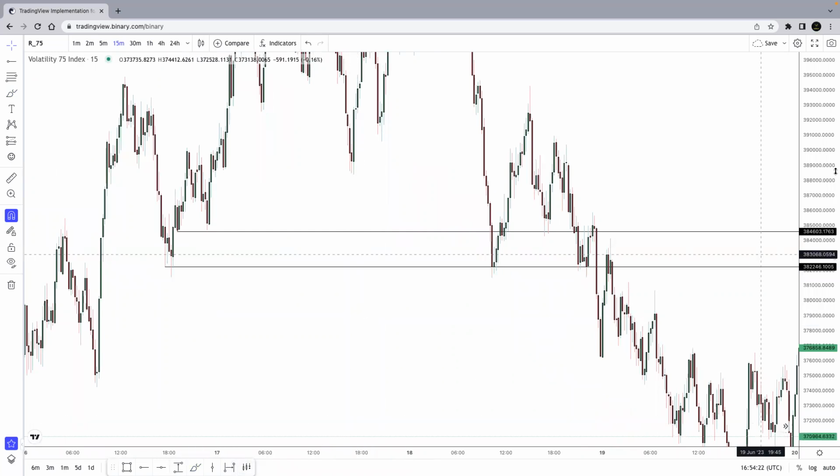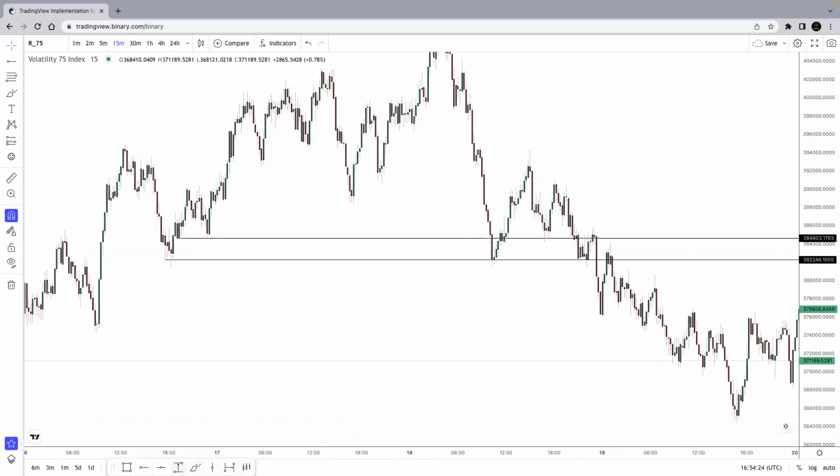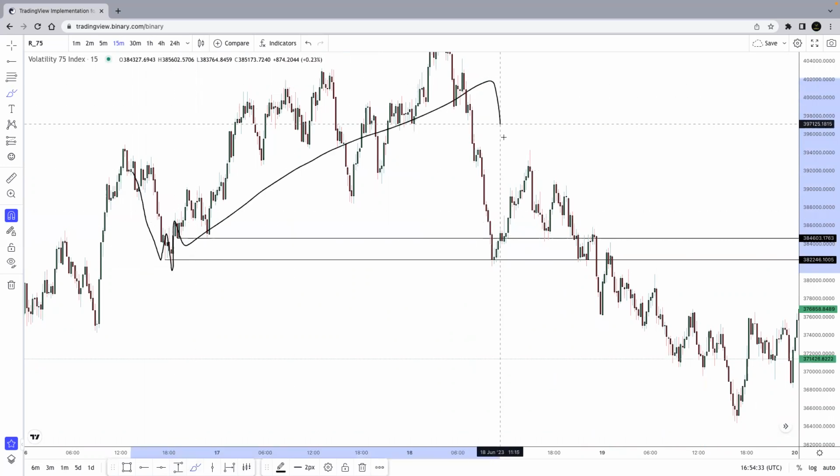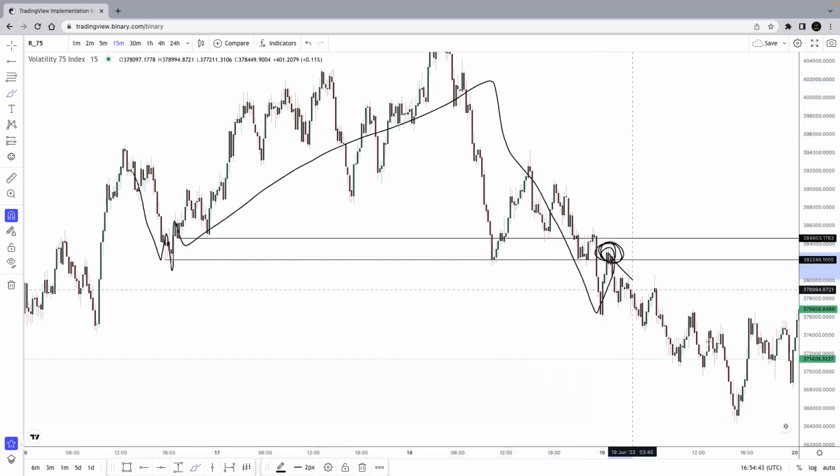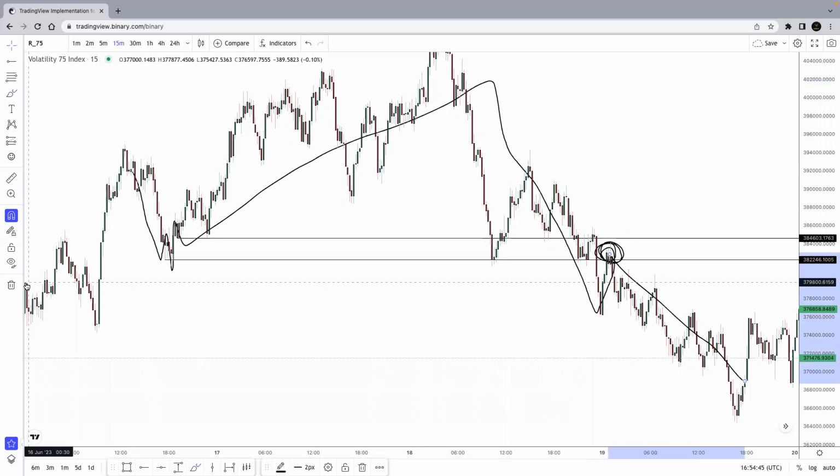We can see that price made a low, we made another low, and we came to break structure right here. After the break of structure, price came to respect our first hidden invalidation. That's when we had this sell trade right here.